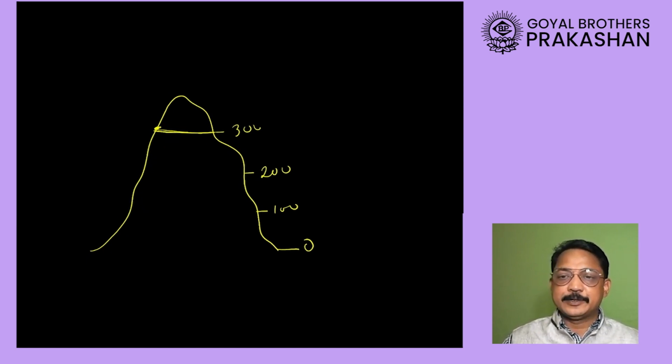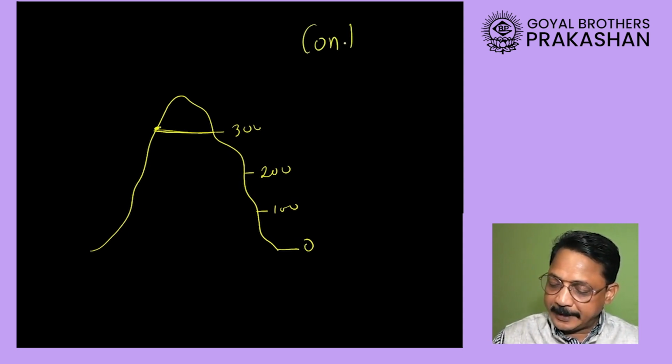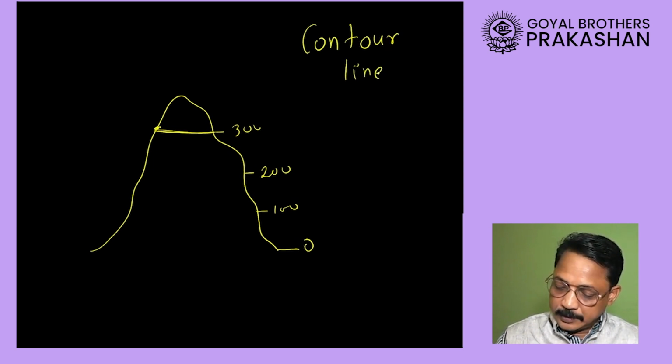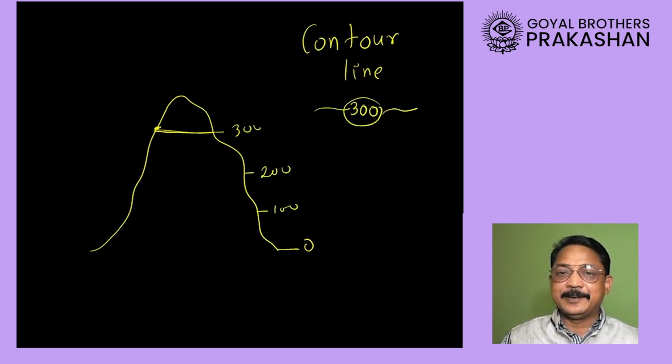Please remember, dear students, a line that joins the places having equal altitude on a topography map is known as a contour line. This contour line on a topography map will be shown in brown color like this, and a number written there, 300.